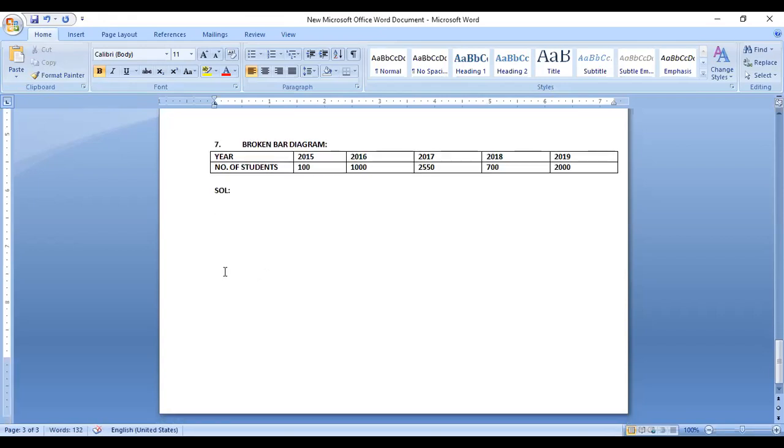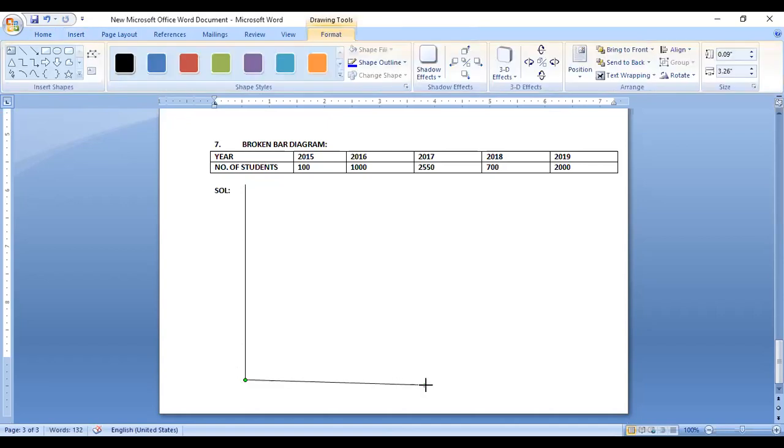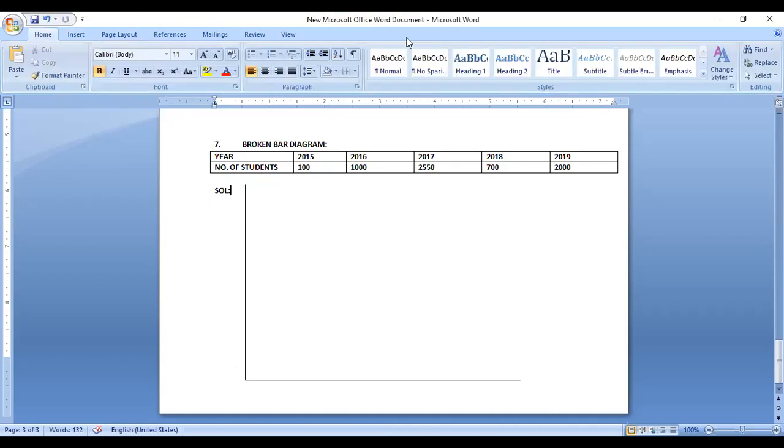As usual, this is x-axis. This is y-axis.